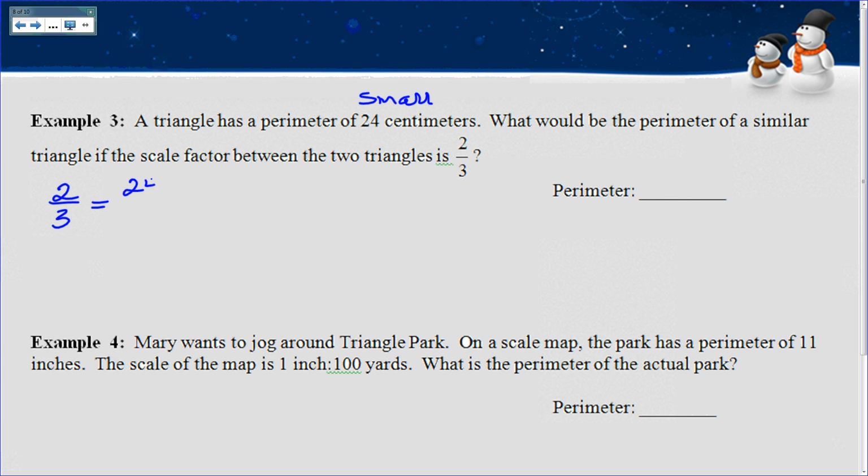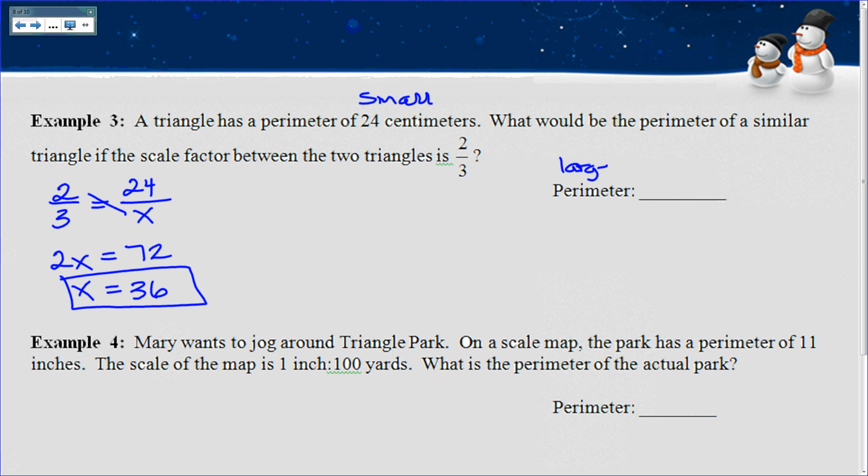So I'm going to put a 24 up here with the 2 because 2 is smaller than 3. So I'm going to say that my x is my larger triangle. So if I cross multiply, I get 2x equals 72. So x is 36. So that would mean that the large triangle has a perimeter of 36.